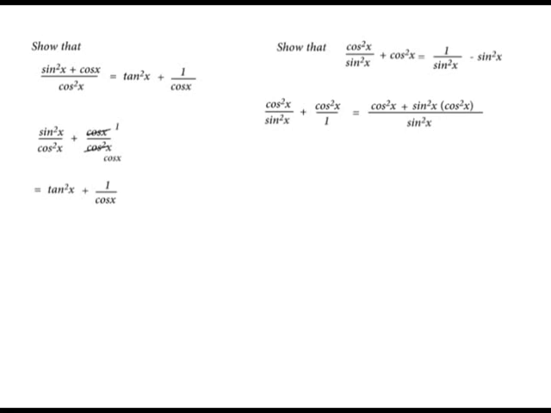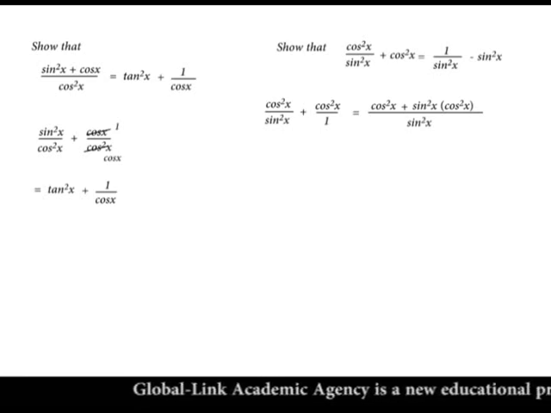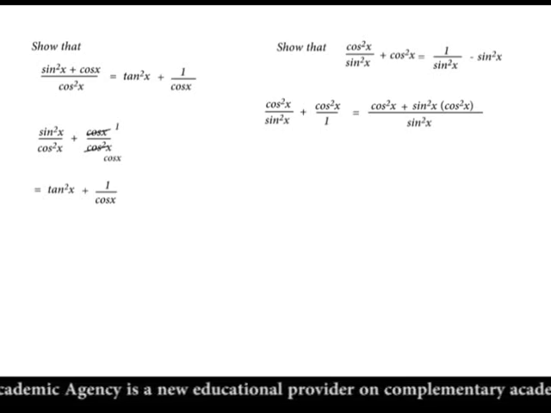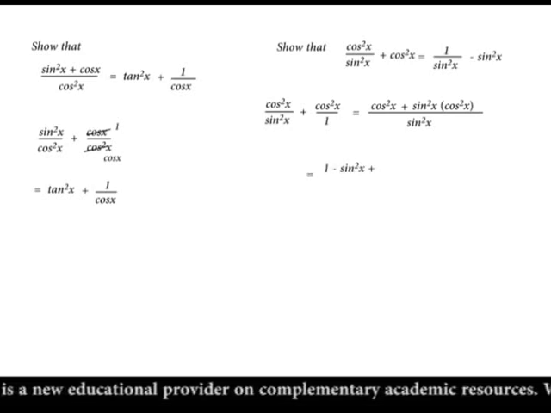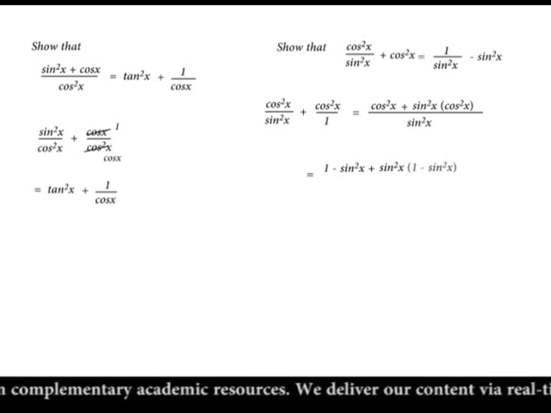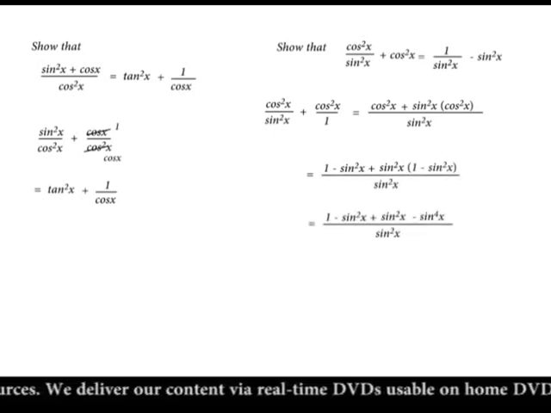But then we know that sin²x is equal to 1 minus cos²x. So we substitute, and we shall have 1 minus sin²x plus sin²x times 1 minus sin²x, everything over sin²x.